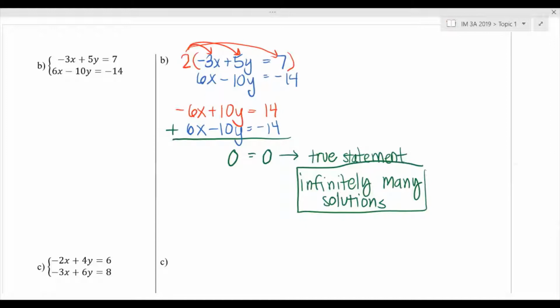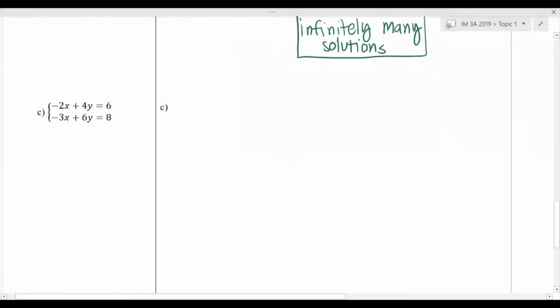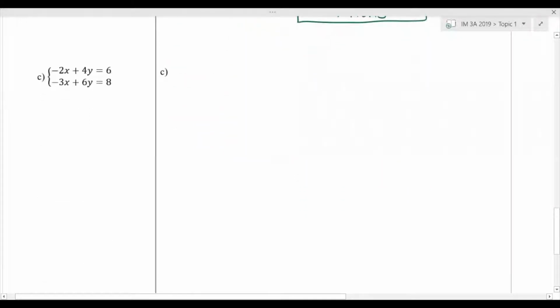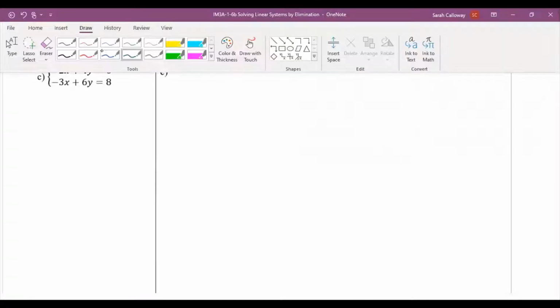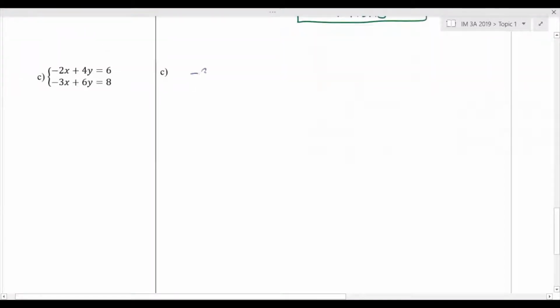Okay, so let's look at one last problem to solve by elimination. And so we have negative 2x plus 4y equals 6. And then we have negative 3x plus 6y equals 8.